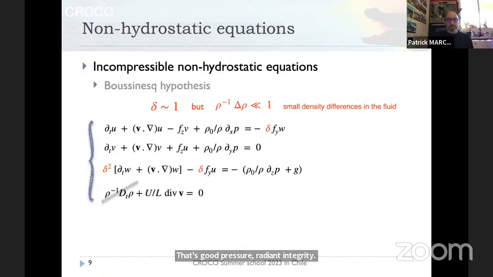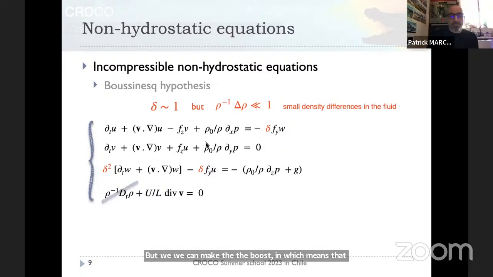So the first approximation hypothesis that we can make as we proceed towards simplification is not to get rid of the delta terms, but we can make the Boussinesq hypothesis, which means that the density variations are small, which is true.